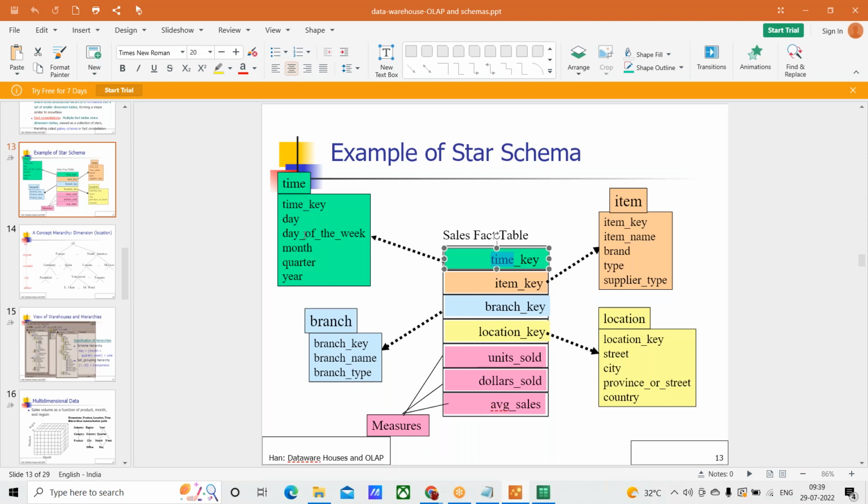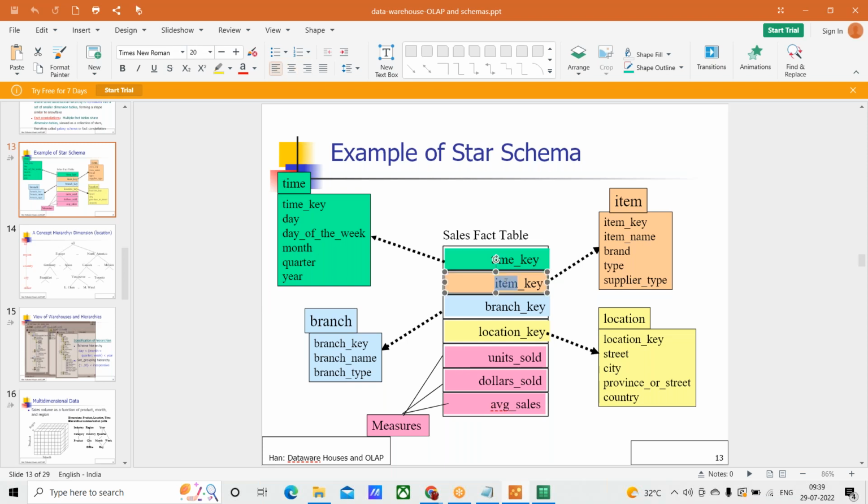If you want to get the day, week, month, quarter, or year in which a particular transaction happened, the fact table is joined with the time table and you can get any of that data.